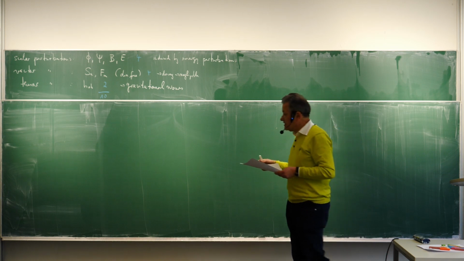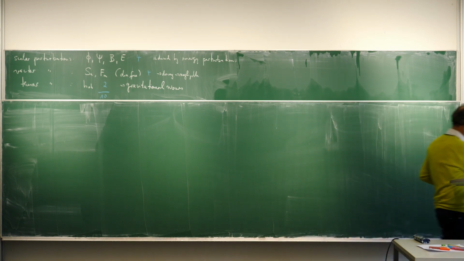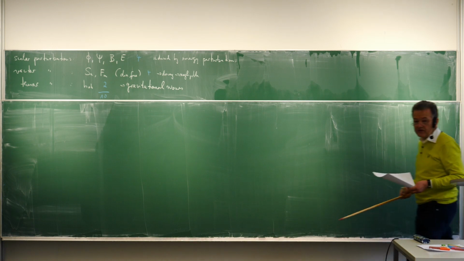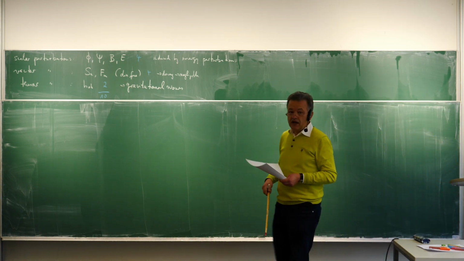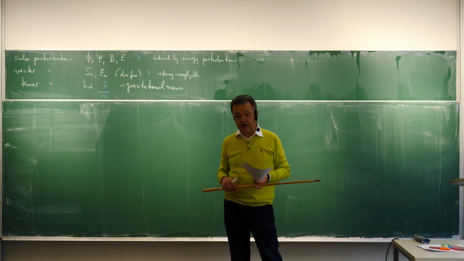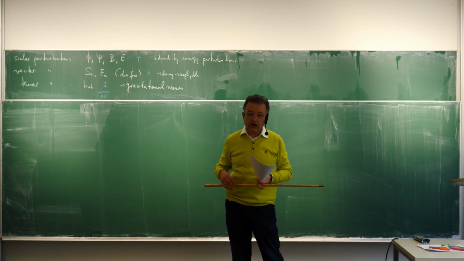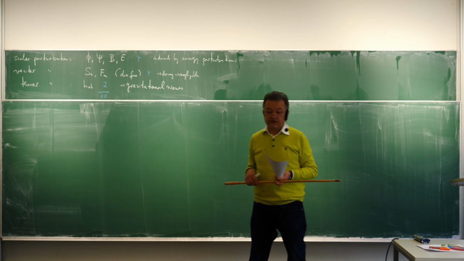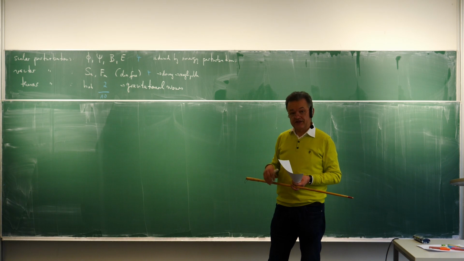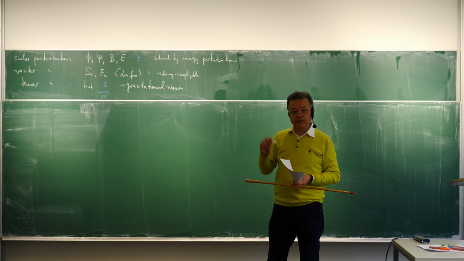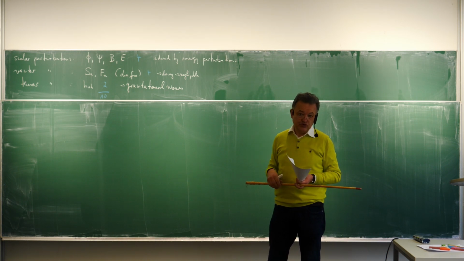But what we did last time, and let me briefly review this, was that we made the ansatz of the metric, writing it as the background metric of a Friedman or Robertson-Walker line element, and we restricted ourselves to the flat case. And then we made small perturbations, delta g mu nu.